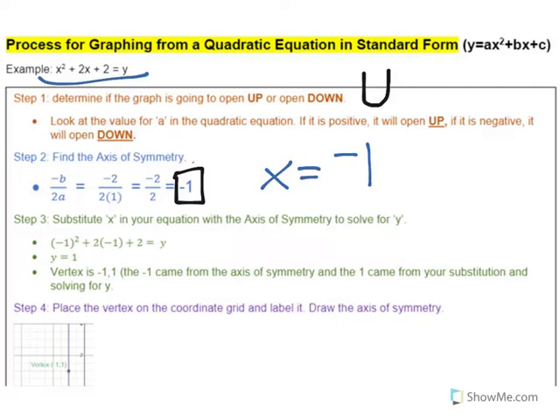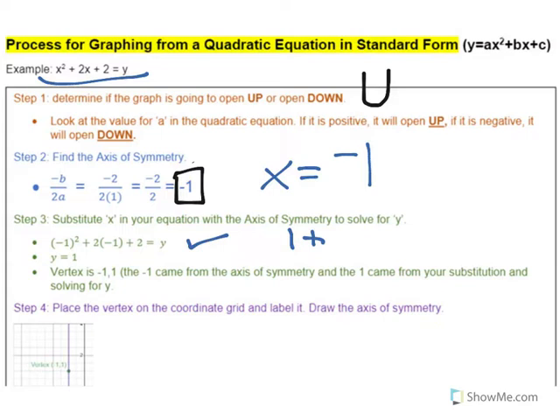This is what I've done here in step 3. I've substituted the -1 in, so it's -1 squared. Notice that there's parentheses around that because the -1 is getting squared, not just the 1. Then we have plus 2 times -1 plus 2. So -1 times -1 is a positive 1.